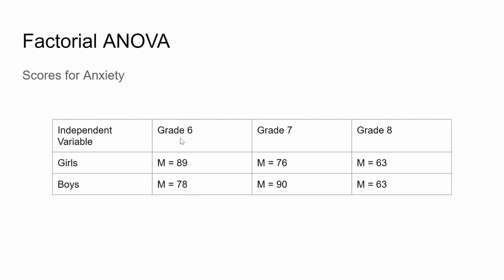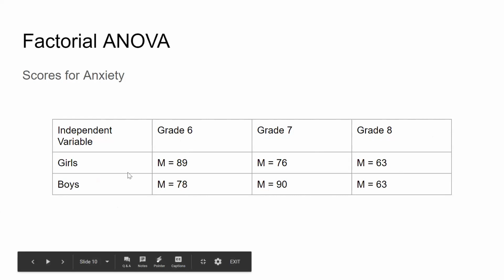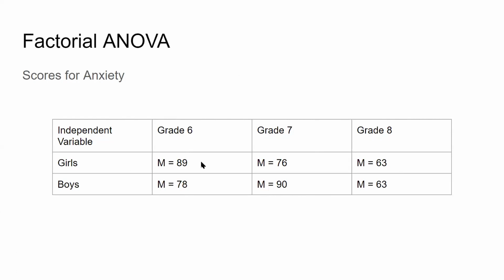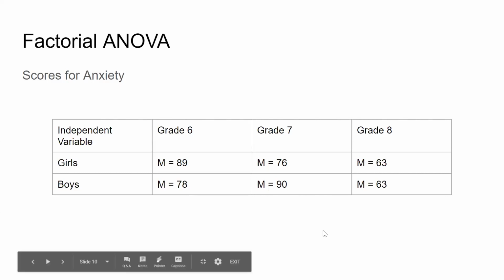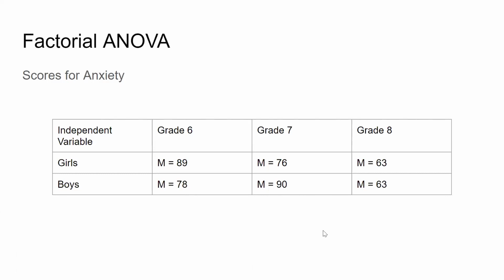So here we have the independent variable of grade level, but we also have another independent variable of gender. And so what a factorial ANOVA will do is it will tell me, hey, is there a difference between the mean scores across grade levels? Is there a difference in the mean scores across gender? And is there an interaction of gender and grade level?